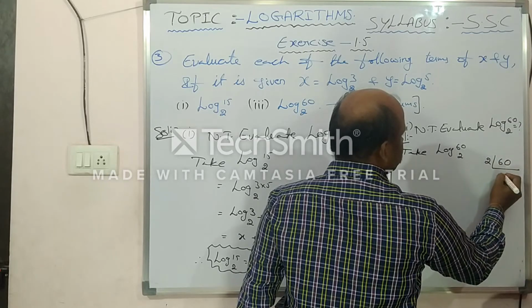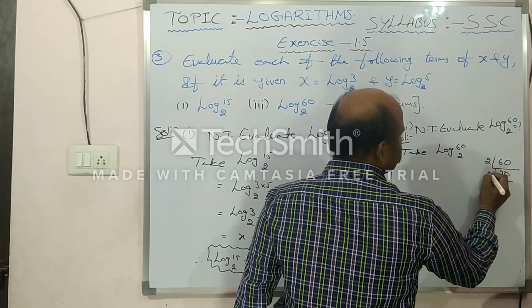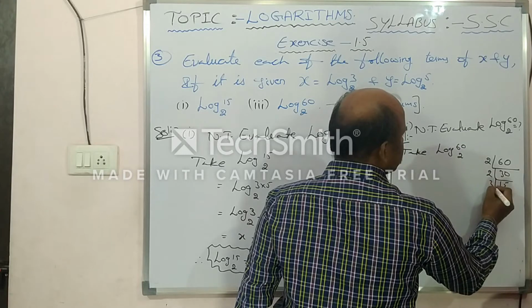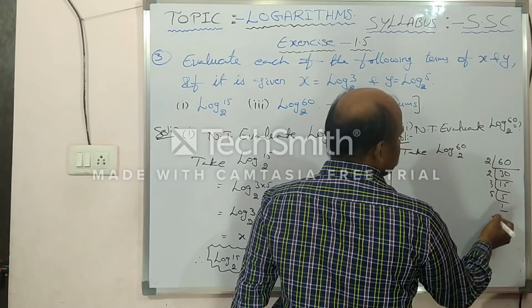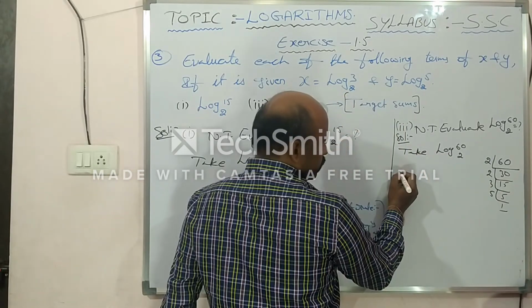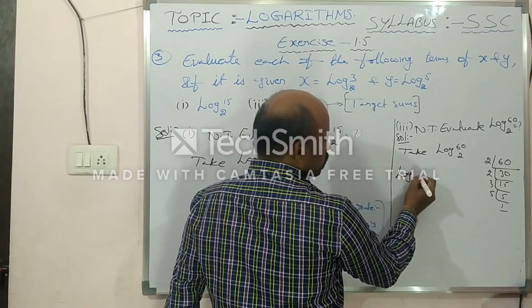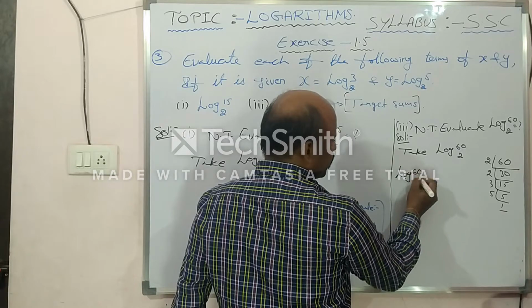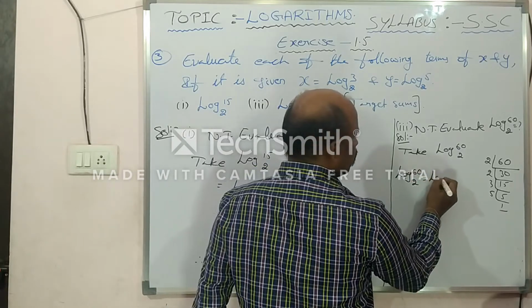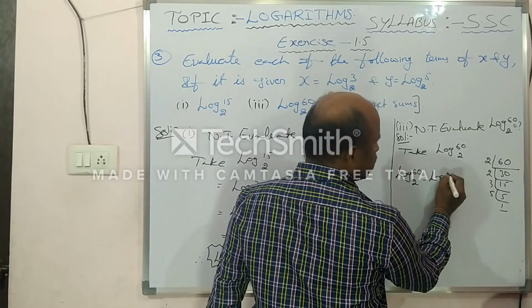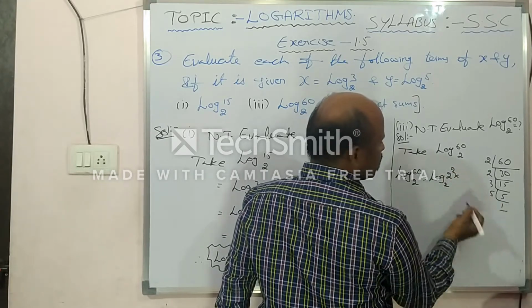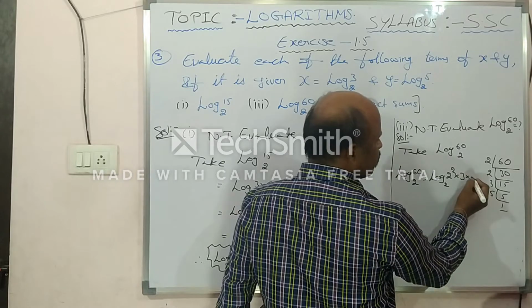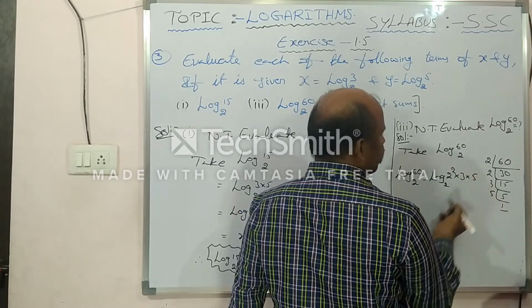60, 2 twos are 30, 2 fifteens are 30, 3 fives are 15, 5 ones are 5. Here log 60 base 2 is equal to log, here how many 2's are there? 2 2's, 2 square into how many 3's are there? 1 3 into how many 5's are there? 1 5.